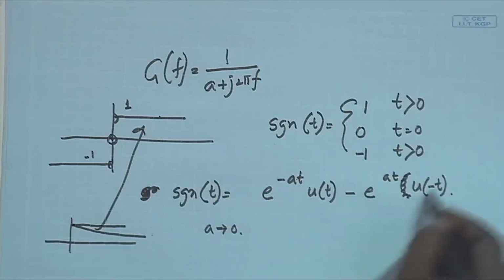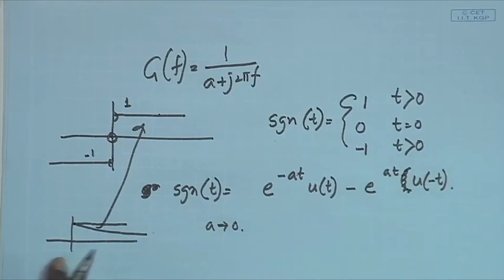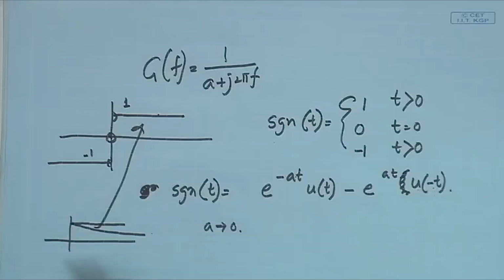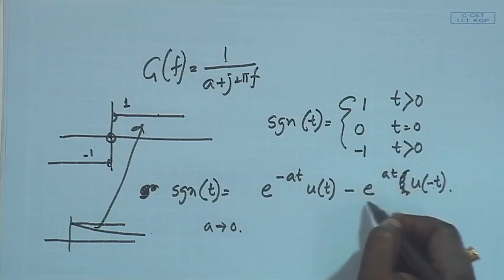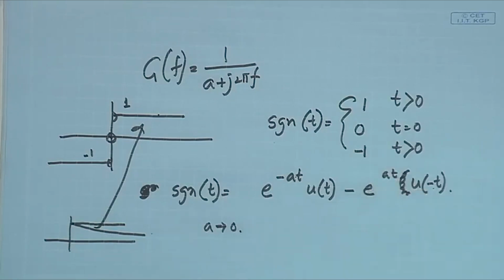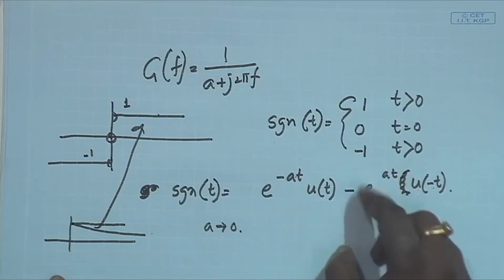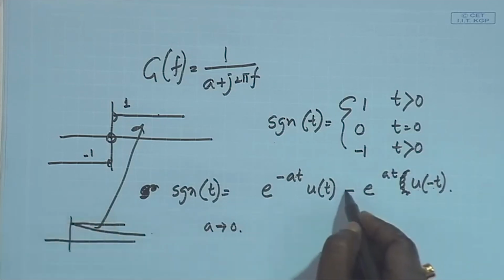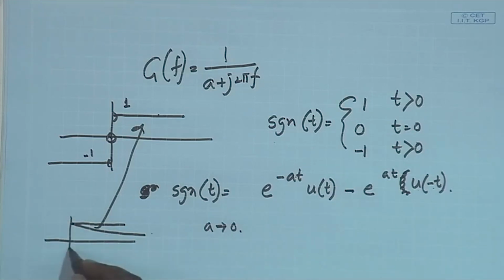And this part, it is u minus t, which means it is defined over here in this range, because u t is defined from 0 to infinity, therefore u minus t is defined from minus infinity to 0. So, u minus t means it is defined over here, and I have put e to the power a t. As a tends to 0, this will again become a value 1 for every value of t. But because there is a minus, it will always attain a minus, and it will be something like this, very slowly decaying.